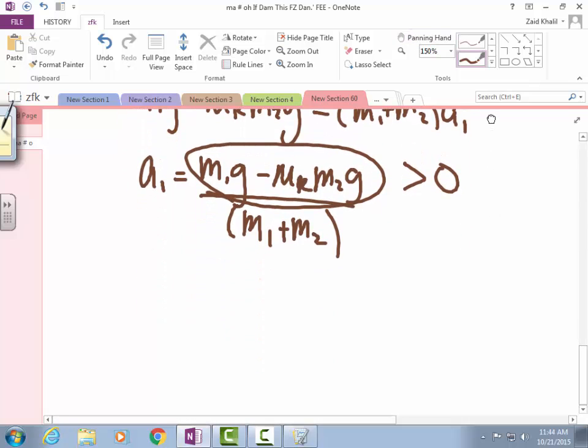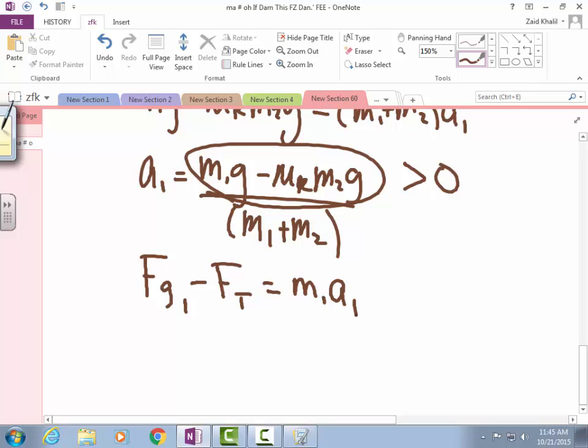Now let's solve for the tension. To solve for the tension, what do I need to do? I need to go back to the original equations that I used. Probably the easiest one would be to deal with M1. For M1, what did we have? We had FG1 minus FT equals M1A1.